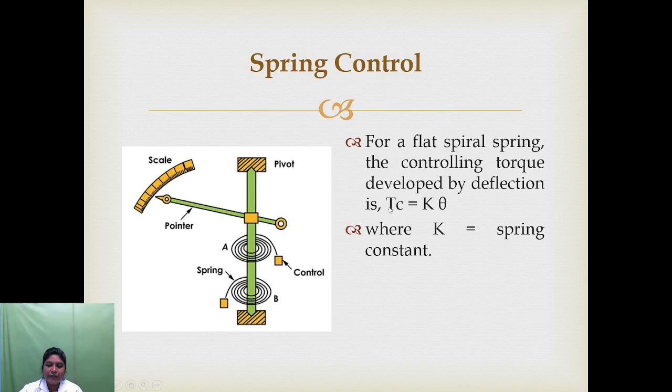If we equate both, deflecting torque and controlling torque, we get the relation that I is directly proportional to theta. When the current is removed, due to the spring force, the pointer comes back to the initial position. This condition is used in all indicating instruments.